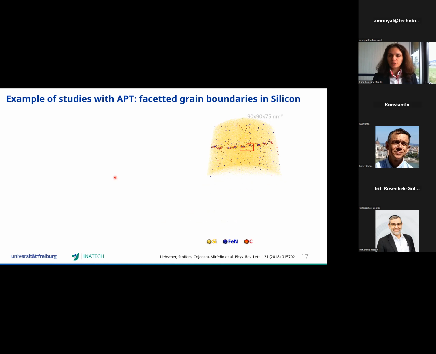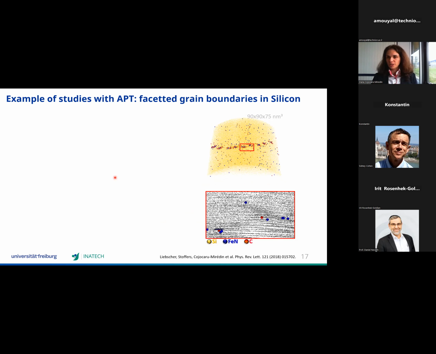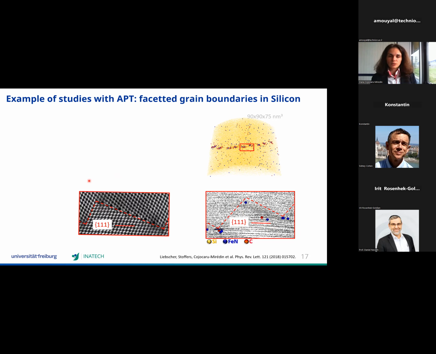But if we enlarge a small portion of this grain boundary, we see nicely that the facets appear, given by the fact that we clearly see the contrast from the 1-1-1 plane, and we see it also nicely in TEM at exactly the same position.